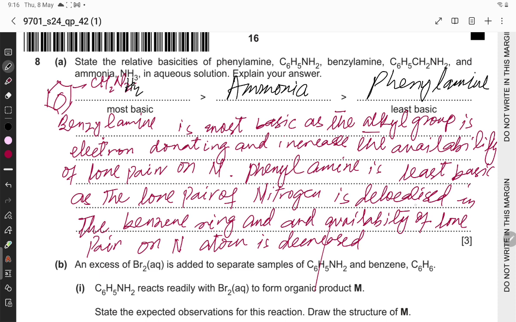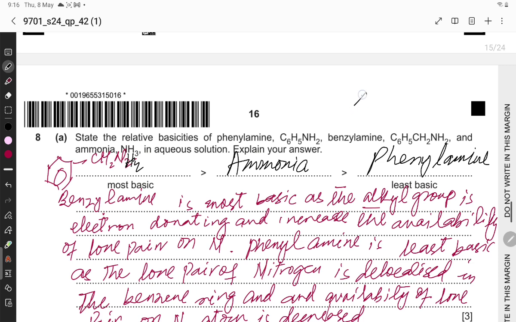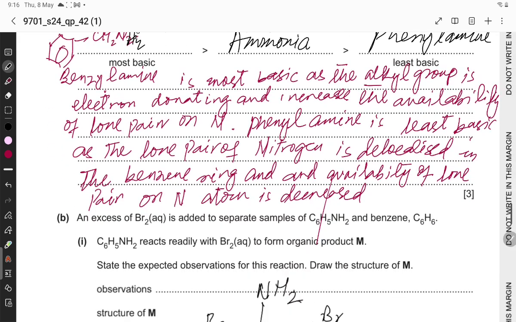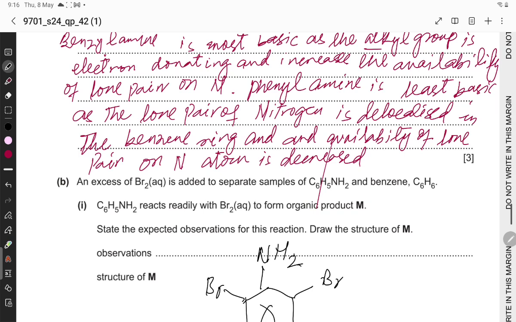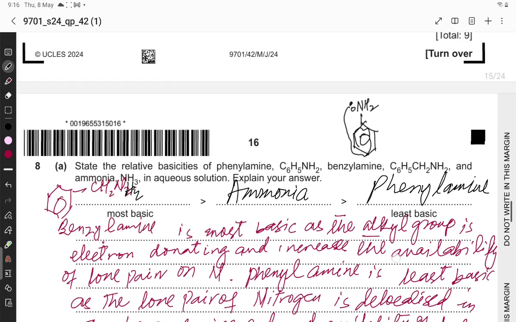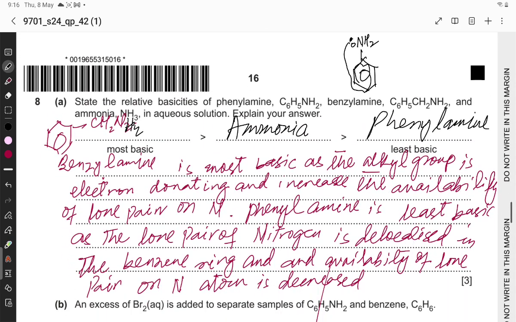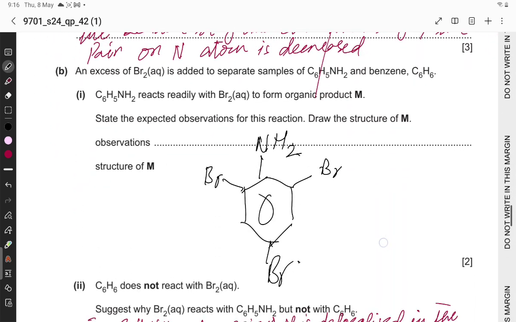So phenylamine is least basic, as the phenylamine is this structure. This is phenylamine, and the lone pair is delocalized into the benzene ring, so the availability of the lone pair on the nitrogen atom is decreased. That's why phenylamine is least basic.